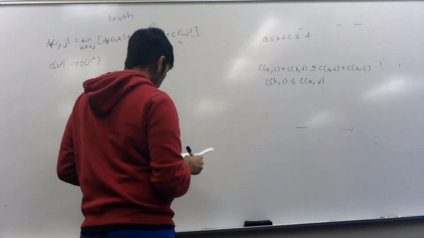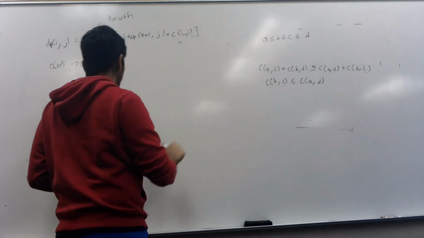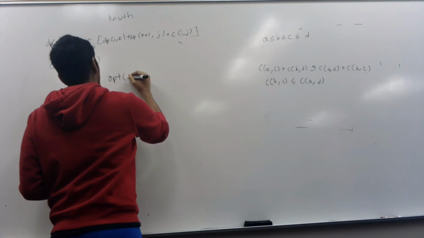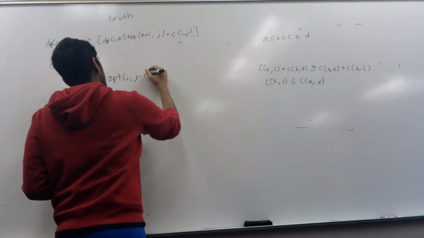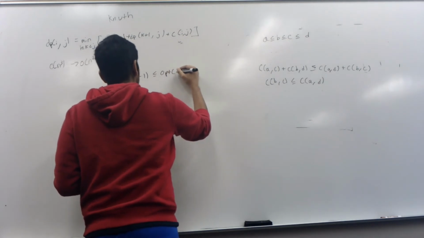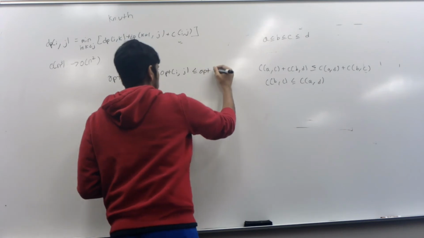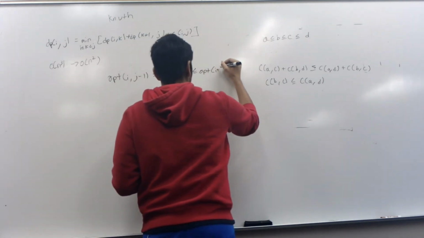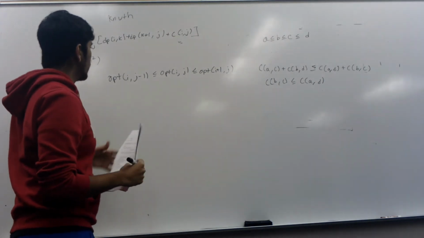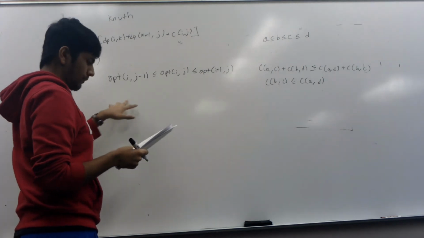So our optimal transition matrix is different this time. What we really want to prove is that our optimal matrix follows this: the optimal transition for some range i to j always falls between these two.